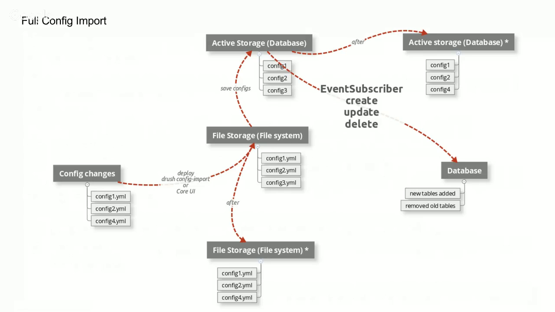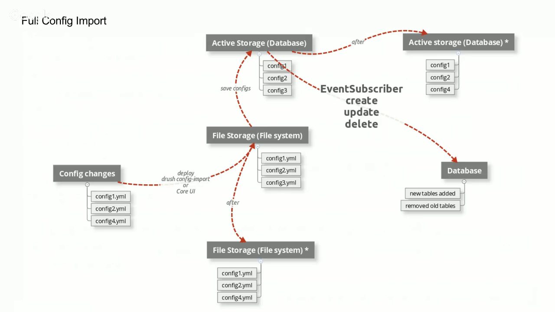And also there is a file storage, a representation of the active storage on the file system. Changes to file storage mean nothing in terms of updating active storage. You need to change file storage and then run the update process via drush config import or the configuration management UI, and only then are all the configs reread from the disk.